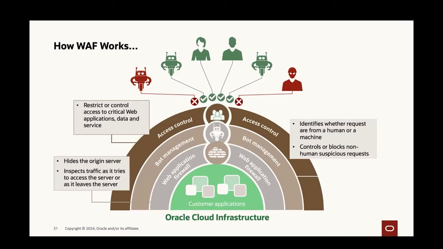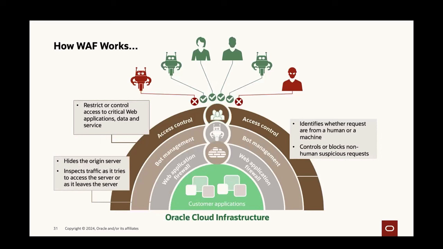The OCI WAF acts as a reverse proxy that will inspect all traffic flows or requests prior to them arriving at the origin web application, and it will also inspect any request going from the web application server to the end user. This allows you to control data leakage from your application servers, as well as protect your servers from outside threats.